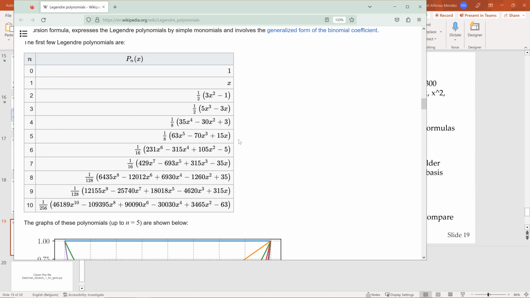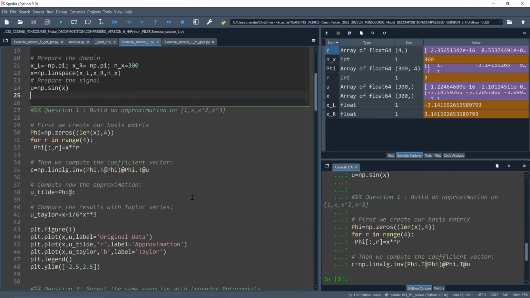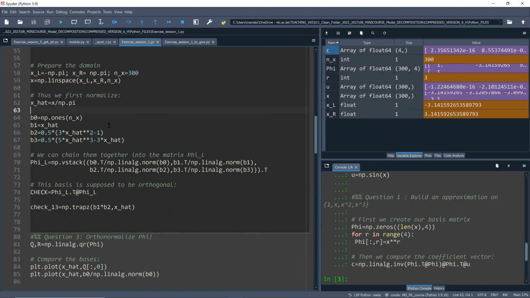I will show you the solution just in the interest of time. Of course, I will also give you all the code with the solution to play with, but first you have to try. So here I was doing this. This is our domain. I restarted from scratch, from minus pi to pi, 300 points, this is in space.